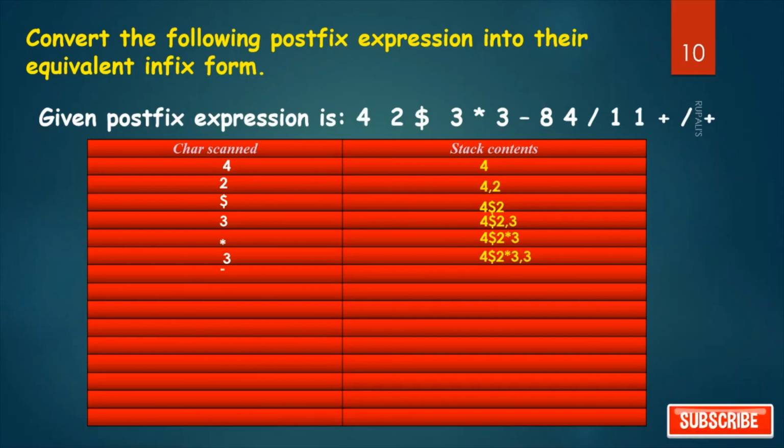If minus comes, then replace the comma by this minus. Then it comes 8. Then it comes 4. Just give one comma. Now it comes by. Now there are two commas. Which comma will be replaced? Think for 5 seconds. Which comma will be replaced?